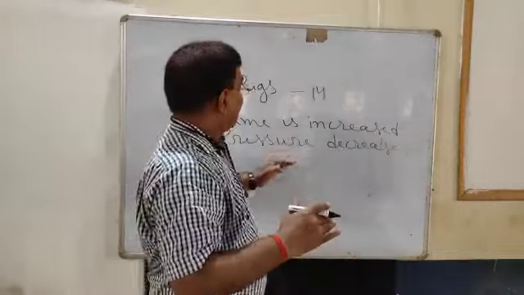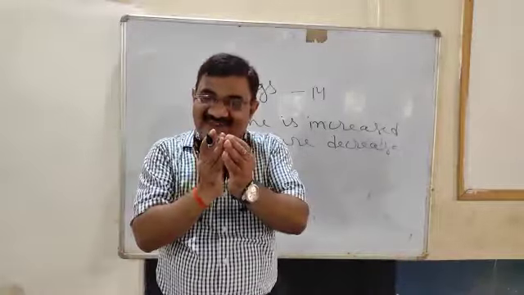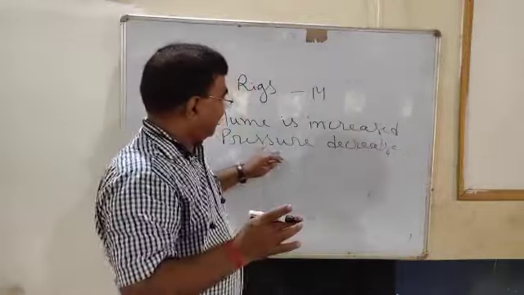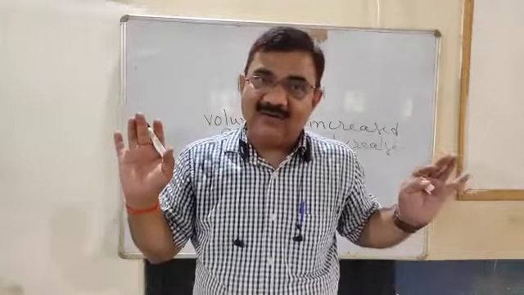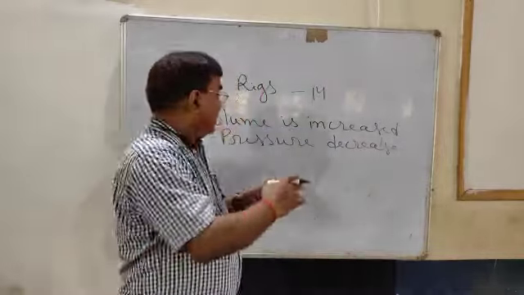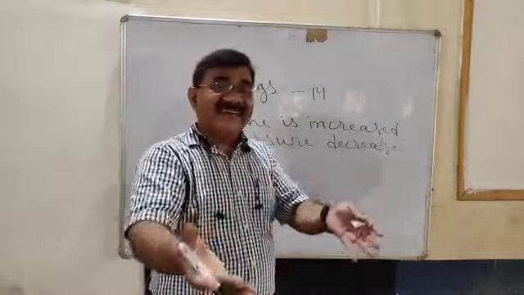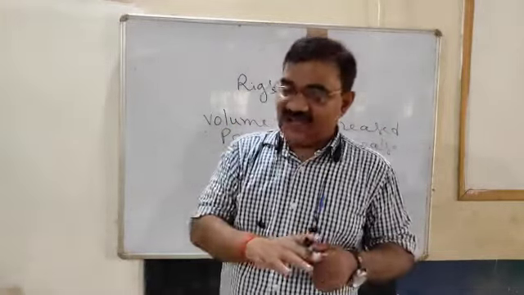Just opposite to it, when the inside volume is decreased, pressure increases and inside air comes out. Understood or not? Now a question arises: how is this volume increased or decreased inside our chest cavity?